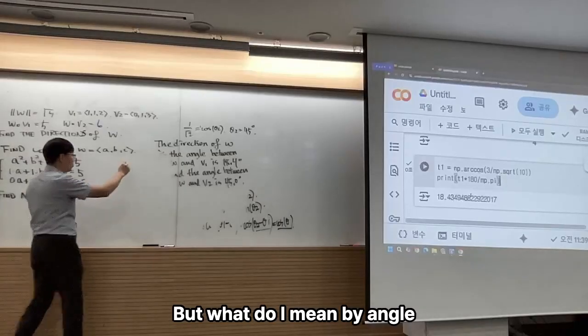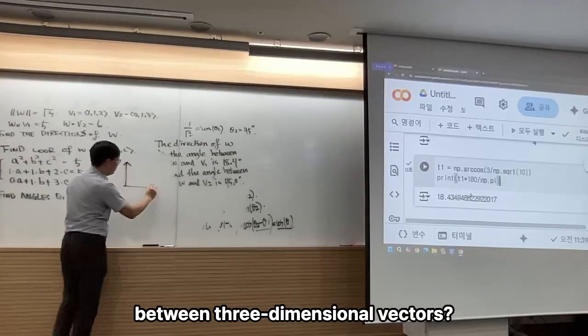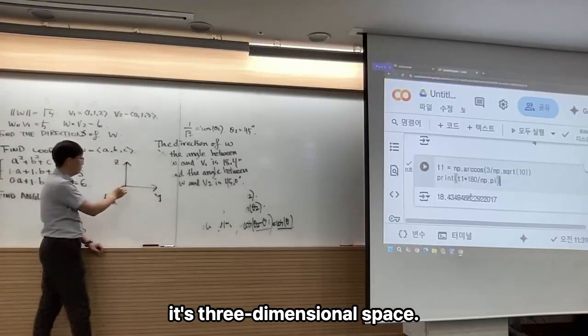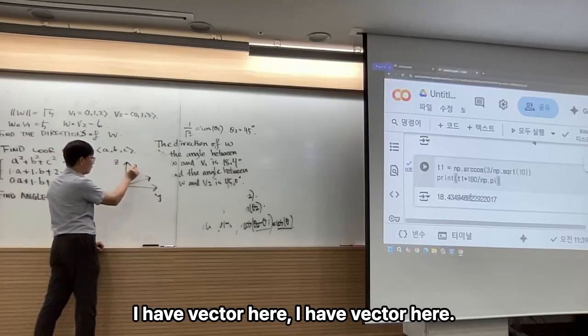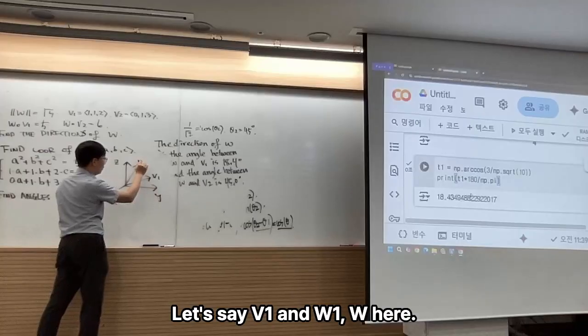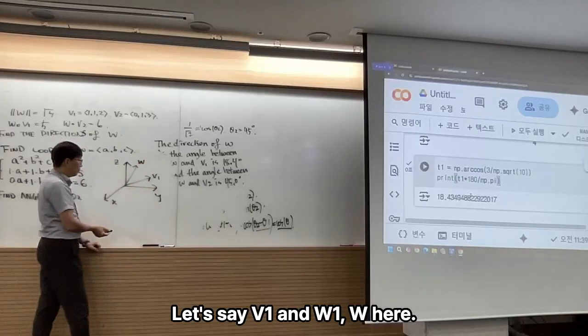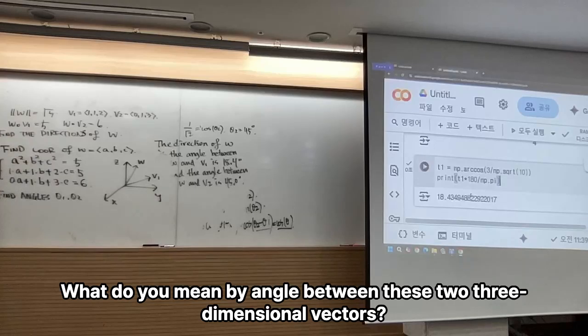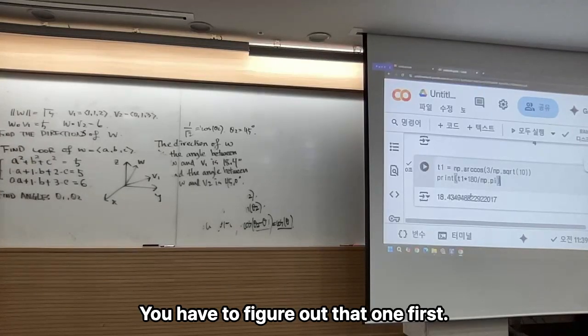But what do I mean by angle between three-dimensional vectors? It's a three-dimensional picture here, three-dimensional space. I have a vector here, I have a vector here, let's say V1 and W. What do I mean by angle here? What do you mean by angle between these two three-dimensional vectors? You have to figure out that one first.